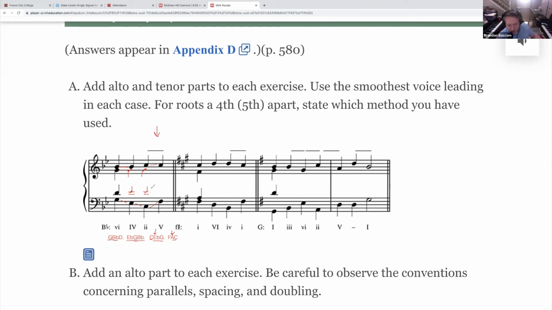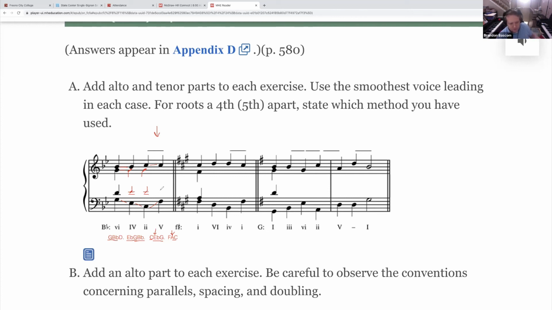We could. If we did that, it'd be a rather large leap. We could do it that way. But remember, we know that the book said way number 3 is not as smooth as way number 1. So if we can do way number 1, let's do way number 1, which is common tone stepwise motion.